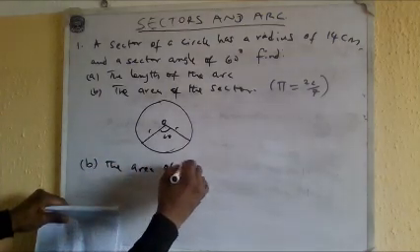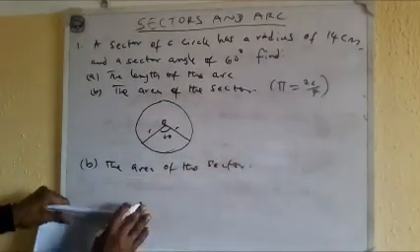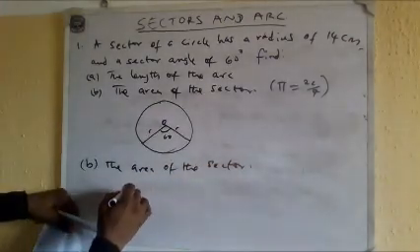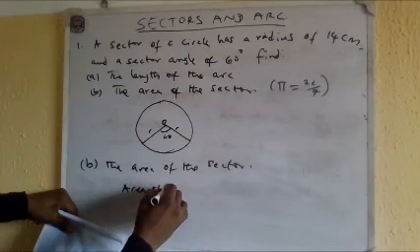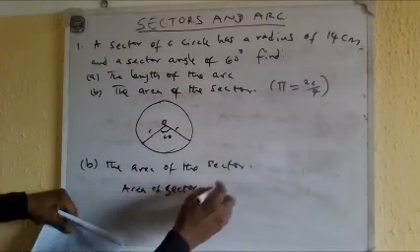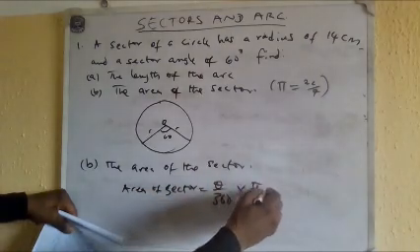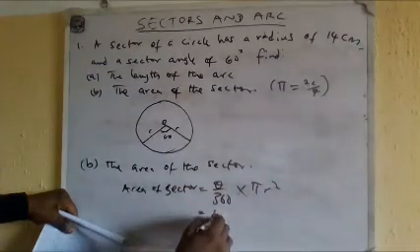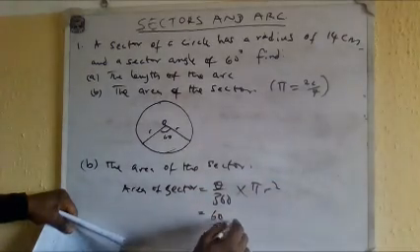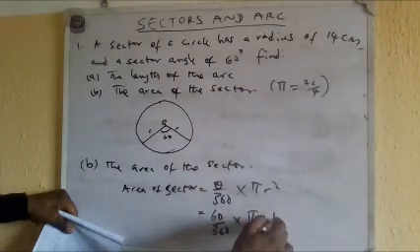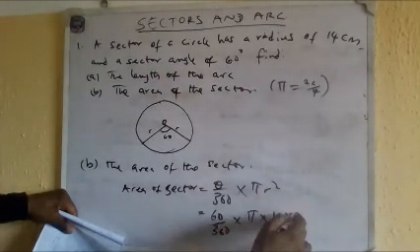Area of sector is theta over 360 times pi r squared. 60 over 360, 60 the angle, pi times radius is 14 times 14.